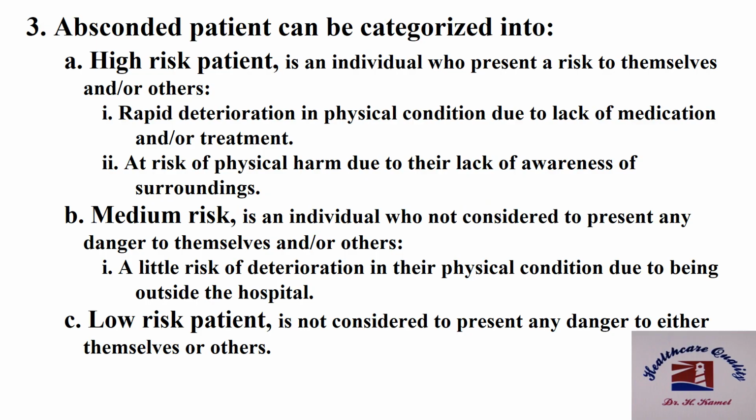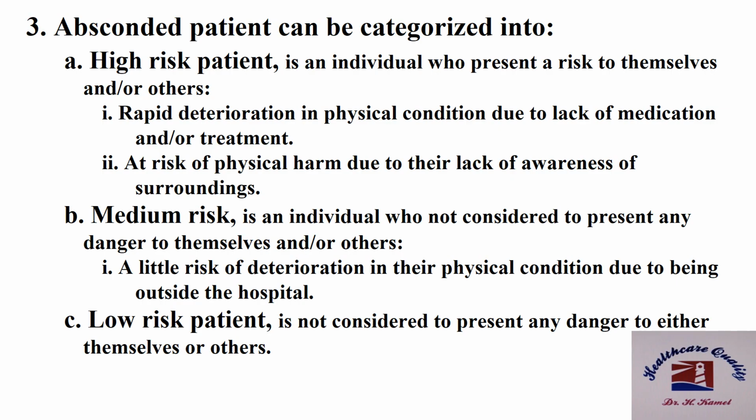Absconded patients can be categorized into: High-risk patient is an individual who presents a risk to themselves and or others, rapid deterioration in physical condition due to lack of medication and or treatment, at risk of physical harm due to their lack of awareness of surroundings.